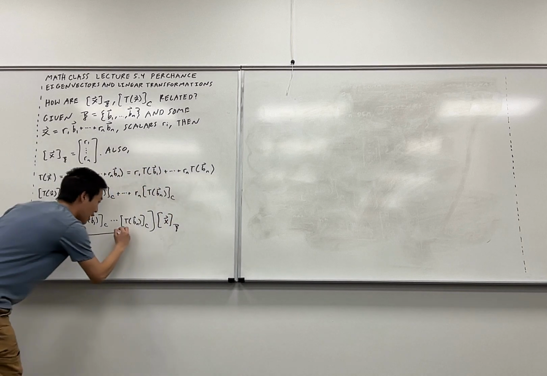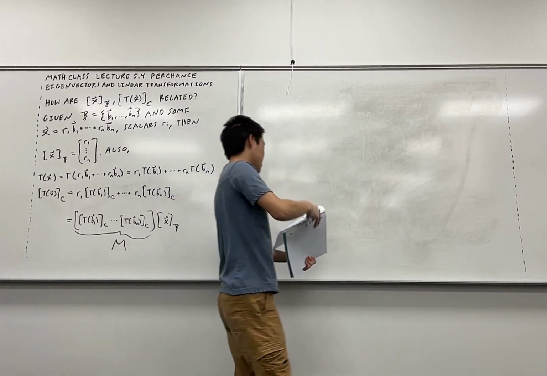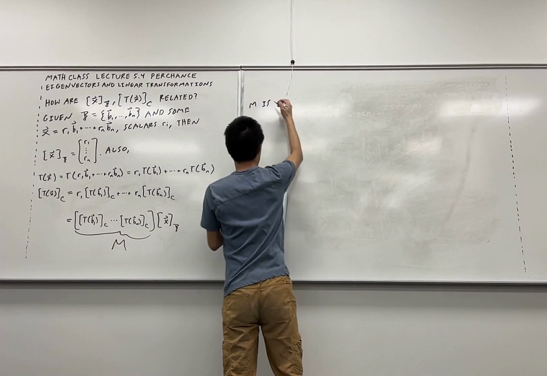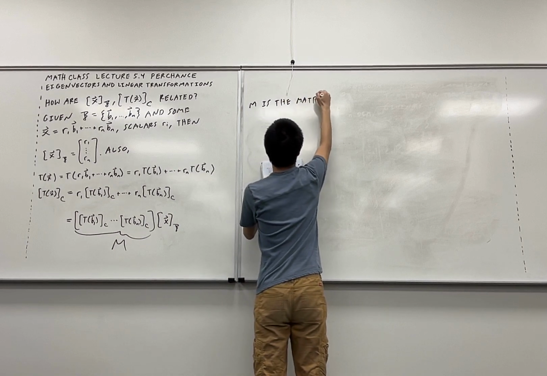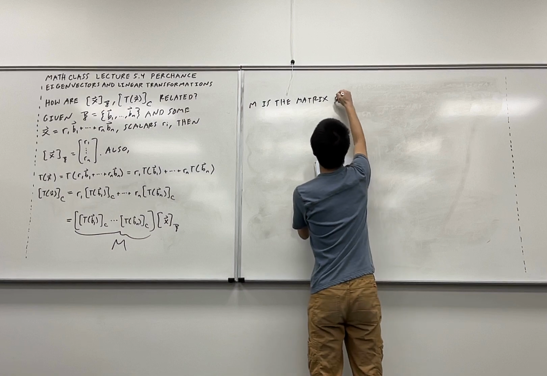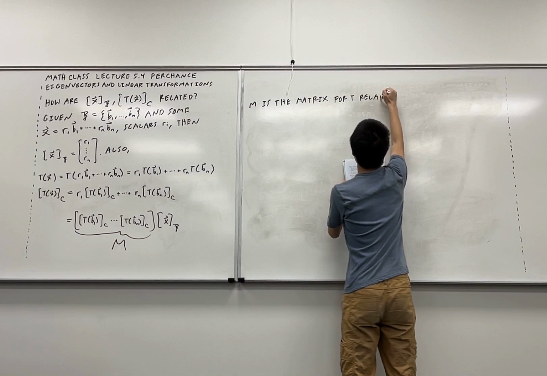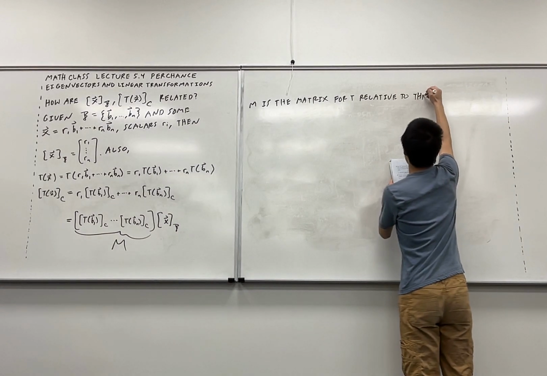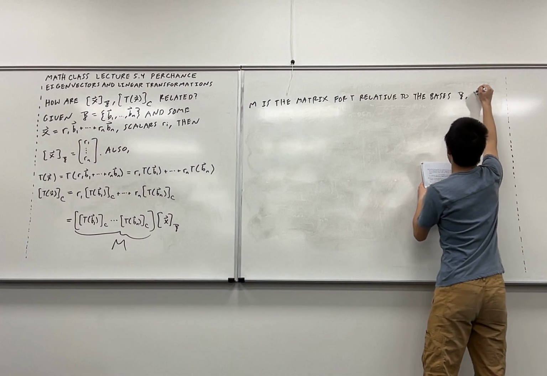And then if we take this entire horrendous thing and call this M, where that M is definitionally what we call, or M is called the matrix for T relative to the bases B and C.